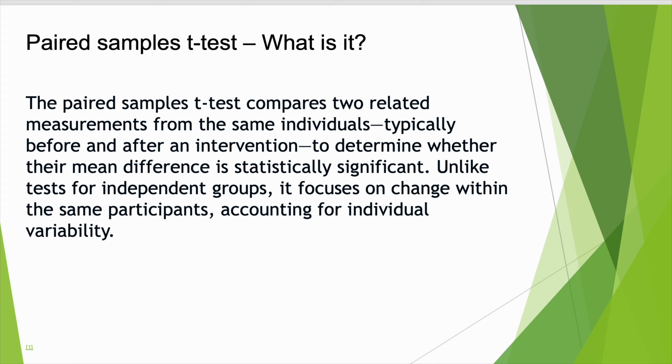So the first test is a paired samples t-test. And this is really a test that compares two related measurements from the same individual. So we say related measurements for a couple of reasons. This is most often connected to the idea of a pre-test and a post-test.